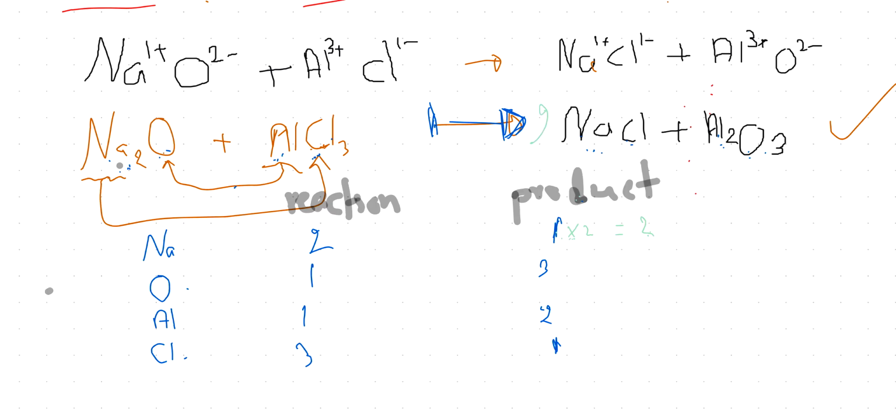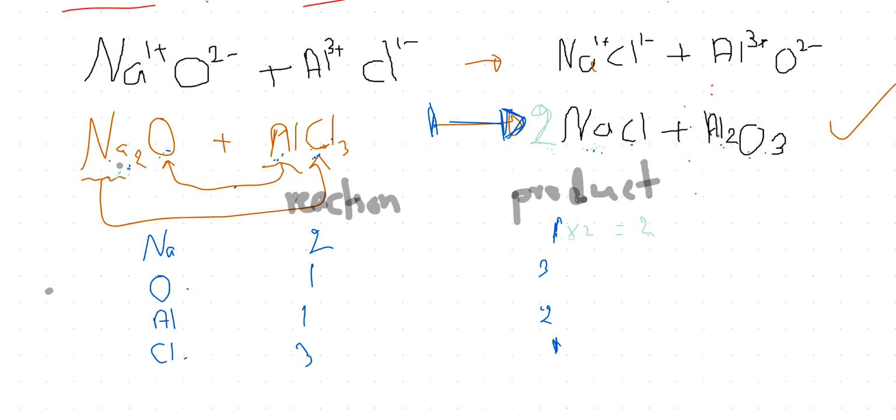Okay, so let's go back and balance it from the start. Every time I make a simple change, I have to go back. How many atoms of sodium do I have? We have 2, and in the product side, we have 2. Do you see the 2 or not?